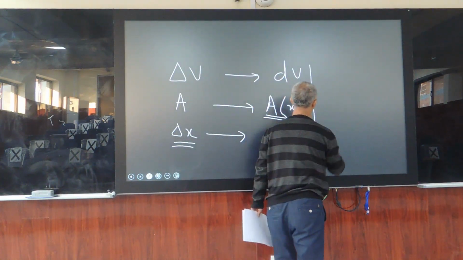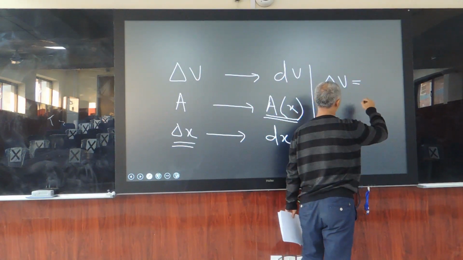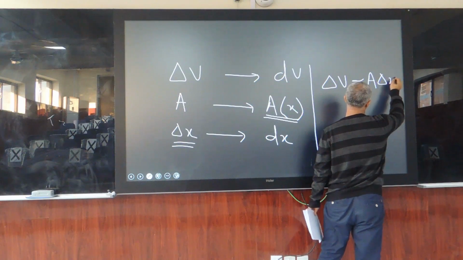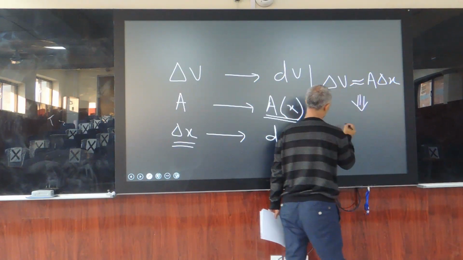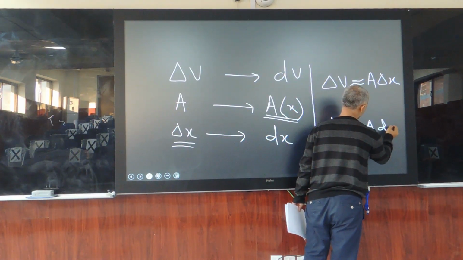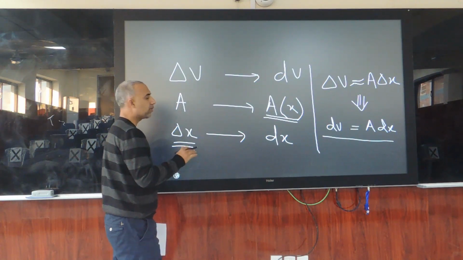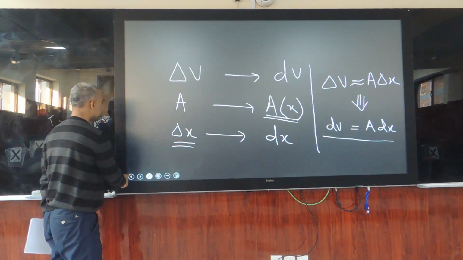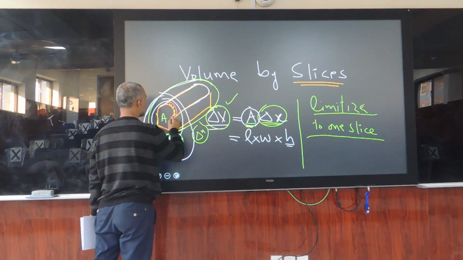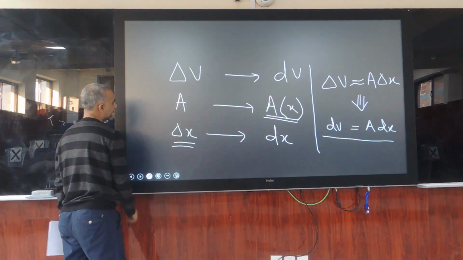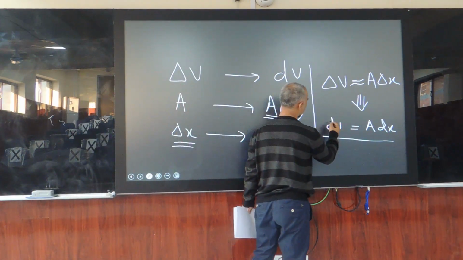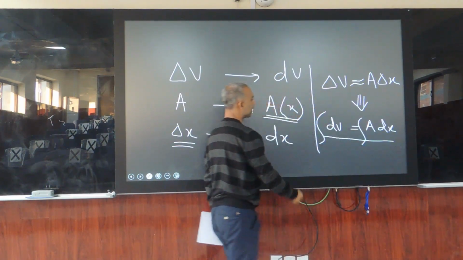Therefore the net volume, the total change in volume, will be transformed to this. If we want to determine the complete volume of this loaf, it can be performed by applying an integral on both sides of this equation.